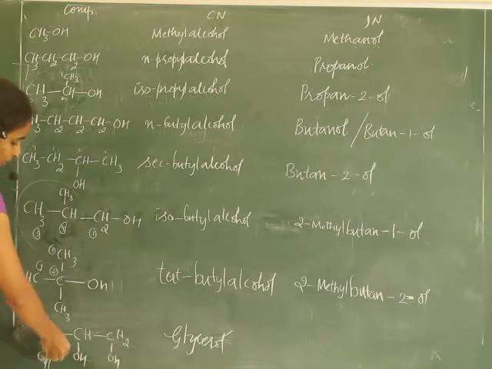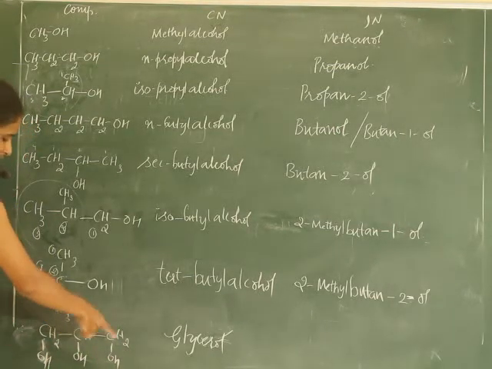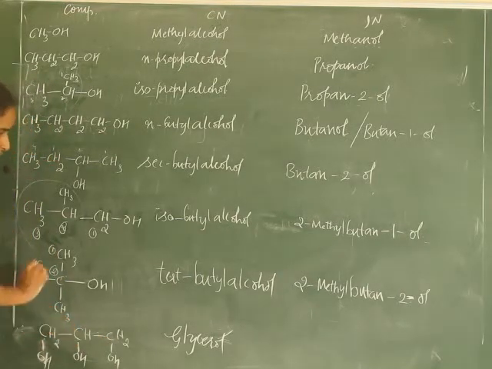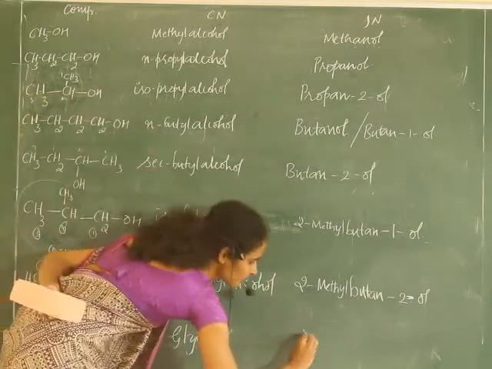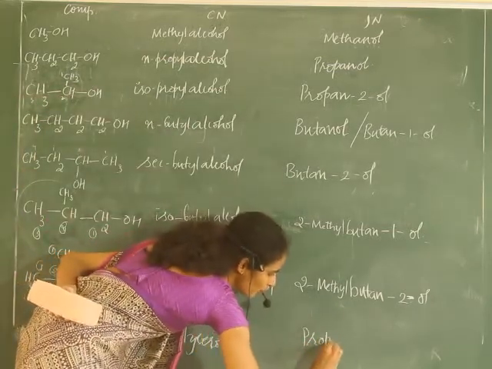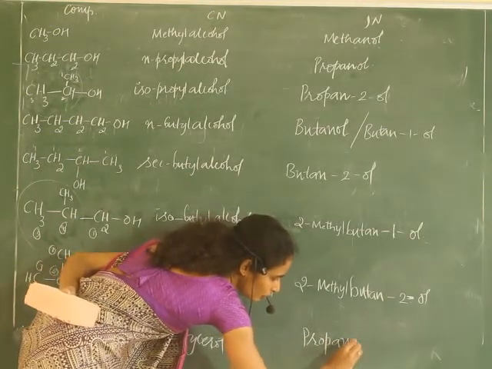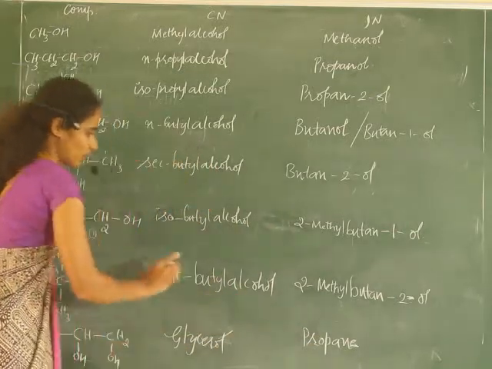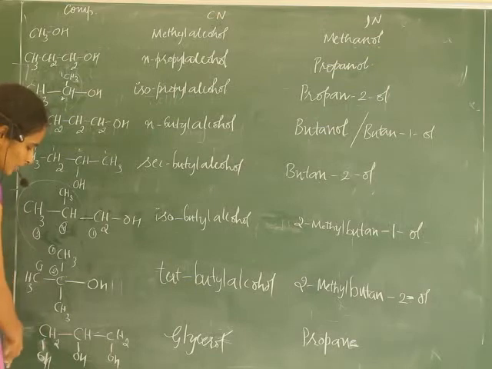Here first we will retain the E of the parent chain. The parent chain contains 1, 2, 3, 3 carbon atoms. Hence, the parent chain is propane, right? Propane, and we will retain this E of propane. We will not replace it with ol here. Propane, right? And 3 OH groups are attached.